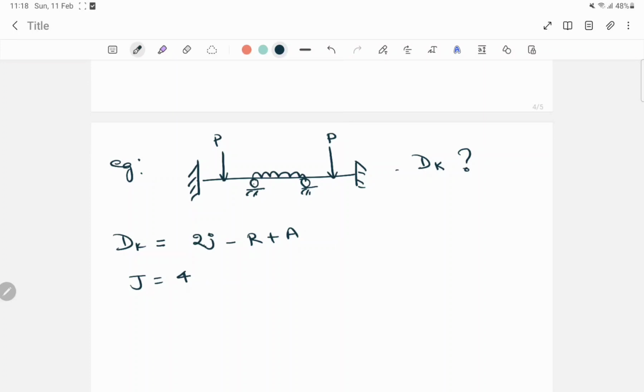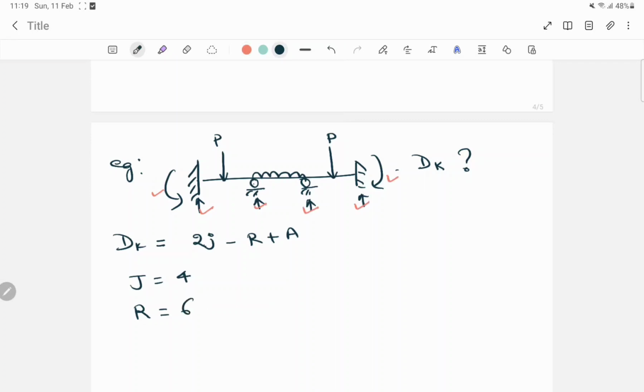The number of joints is 4, and the reaction, how many reactions are there for roller, 1, 2, and this and this. Because here we have to neglect the axial deformation, so we will not consider the axial deformation here. So total number of unknown reactions will be 1, 2, 3, 4, 5 and 6.